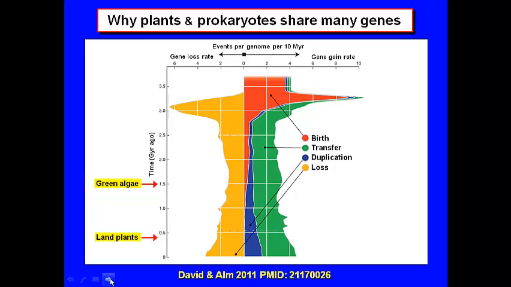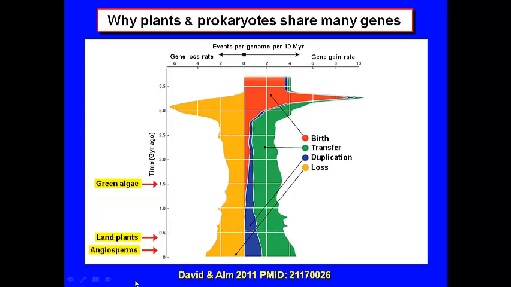So it's true that particularly regulatory genes get invented in eukaryotes. But they're a comparatively small fraction of the total genes if you look at the whole of biology.